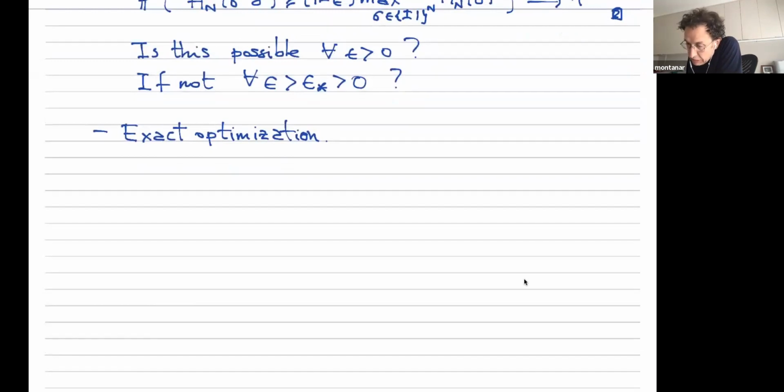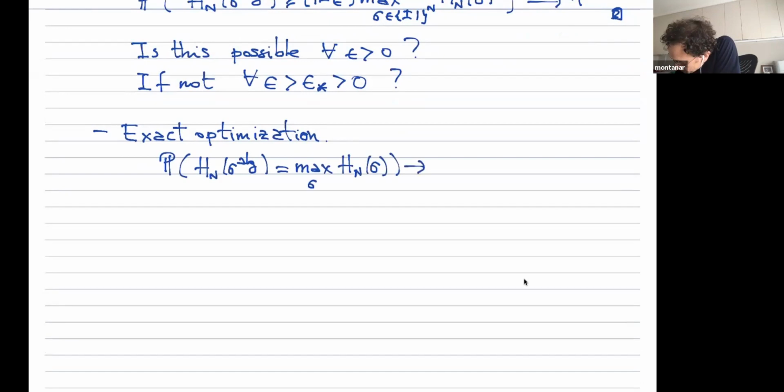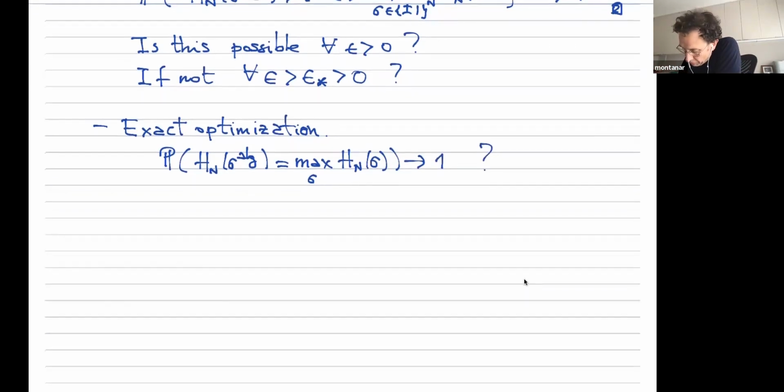For instance, is there an algorithm such that the probability of Hn sigma alg equal the max over sigma of Hn sigma goes to 1? And of course, there are all things in between where epsilon goes to 0 with n. All of those questions are interesting. So these are two extremes.